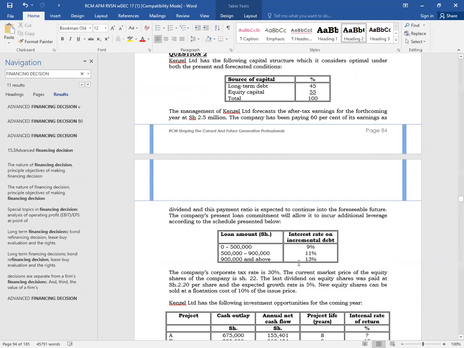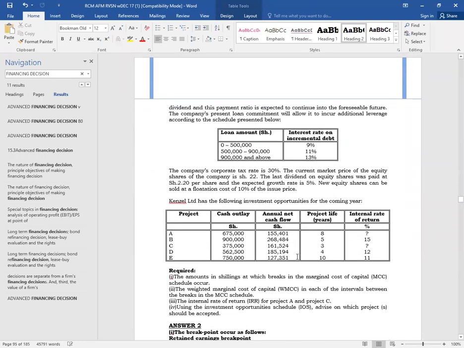This question, the Kenzel question. Is there somebody who is able to remember watching any video of Kenzel Limited? It doesn't have to be Kenzel, so long as you're able to remember how to get KD, how to get KE. Is there somebody who remembers seeing this question? Let me just take you to the question itself. Amount in shillings at which break in the MCC occurs. WMCC. Is there anybody who remembers this kind of thing?